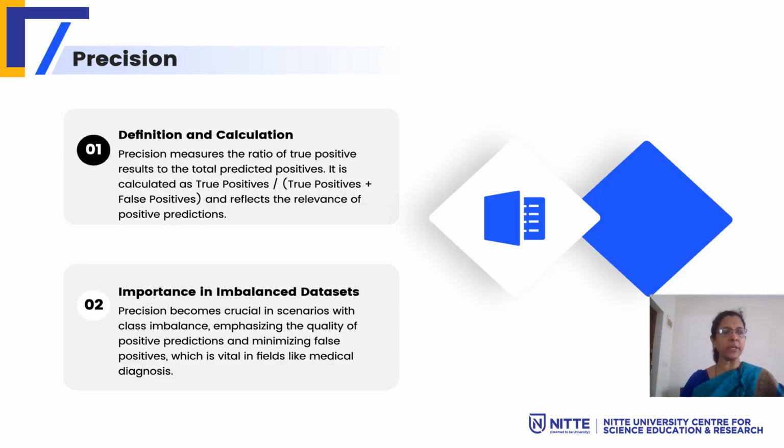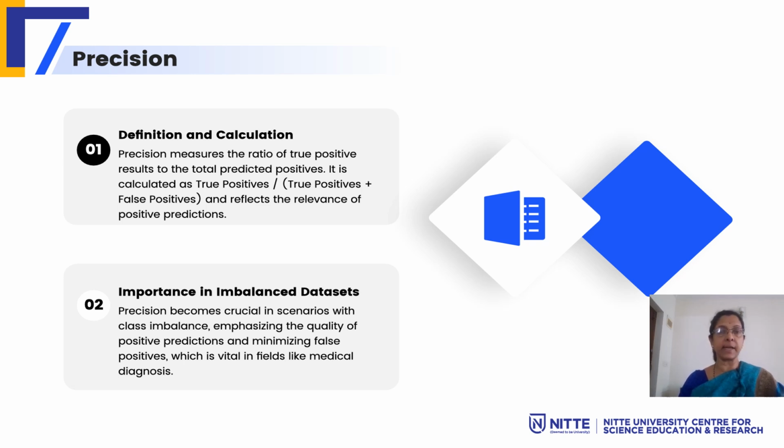Precision is also a measure having the ability to avoid false positives. It measures the ratio of true positive results to the total predicted positives. It is calculated as true positives divided by the sum of true positives plus false positives.